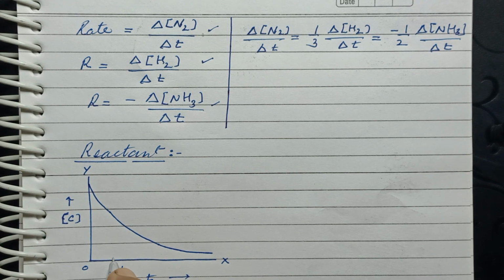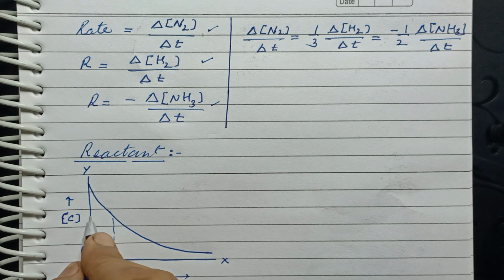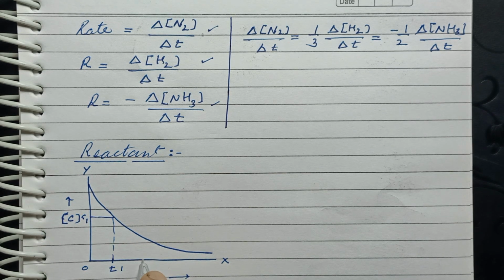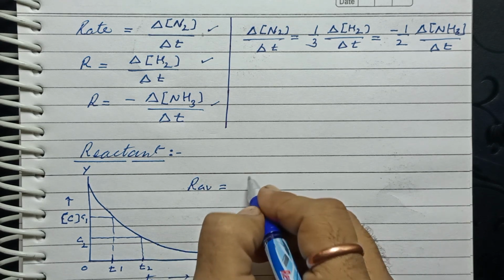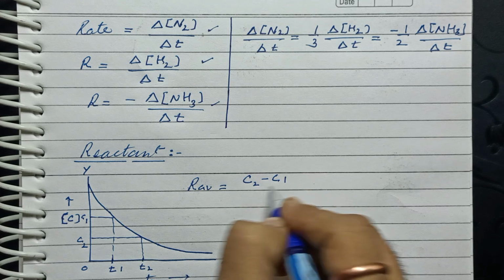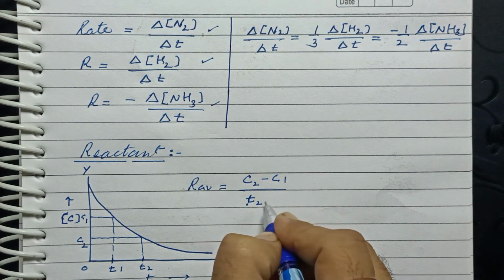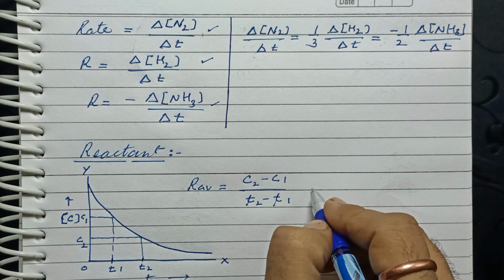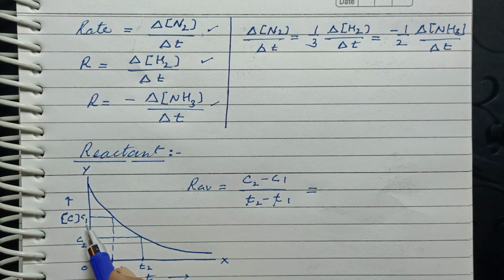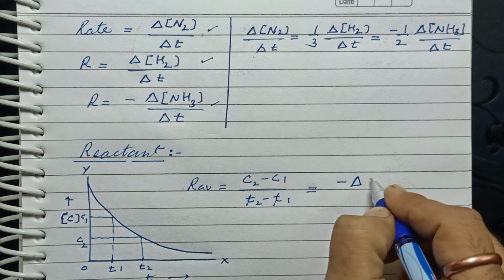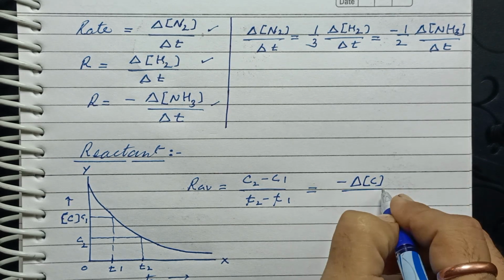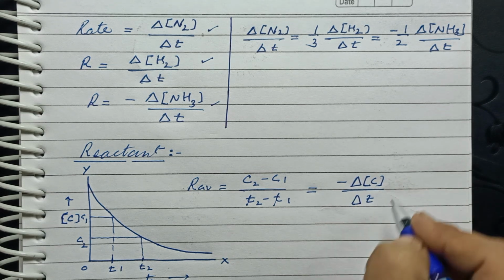This is time t1. At t1 the concentration is c1. This is t2. At time t2 the concentration is c2. Now the average rate will be equal to c2 minus c1 upon t2 minus t1. Again c2 is less than c1, therefore it will come out to be negative. Therefore we put a unit negative sign, and this is change in concentration of the reactant upon change in time. This is the average rate.